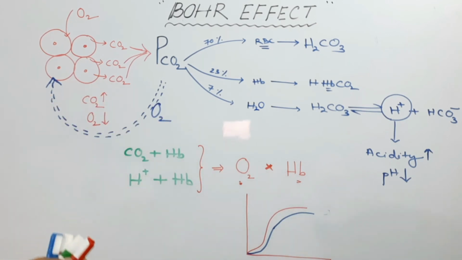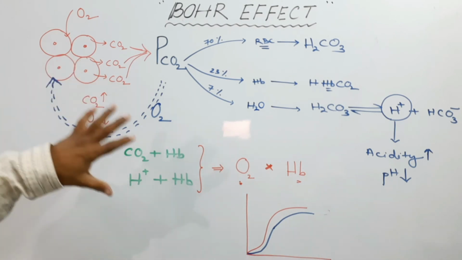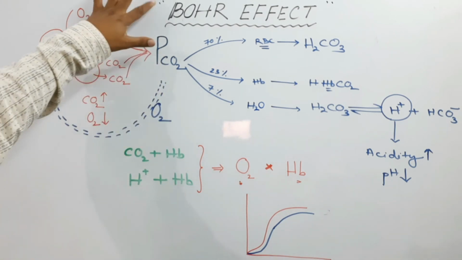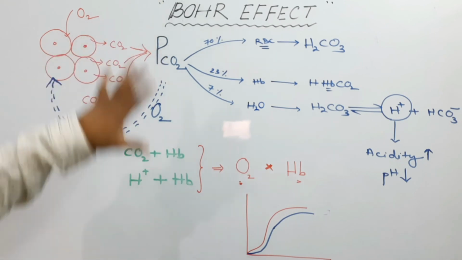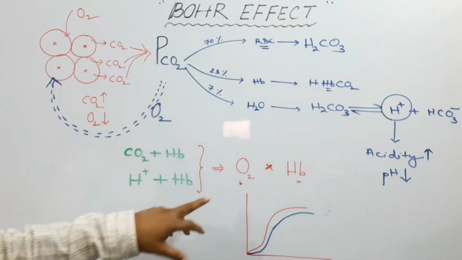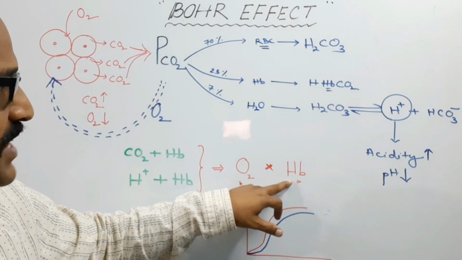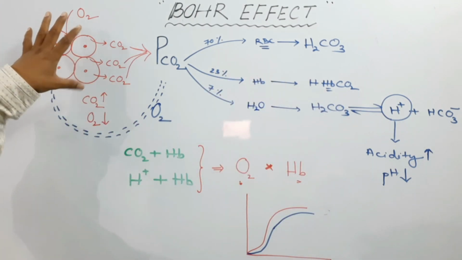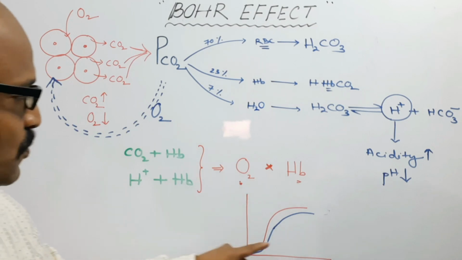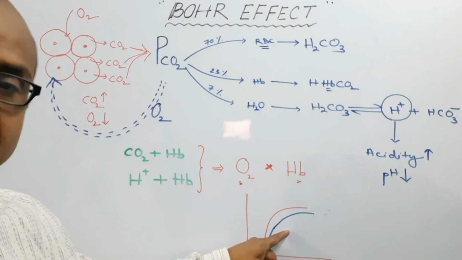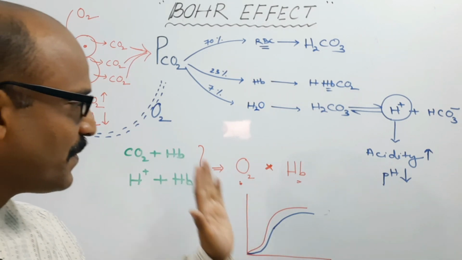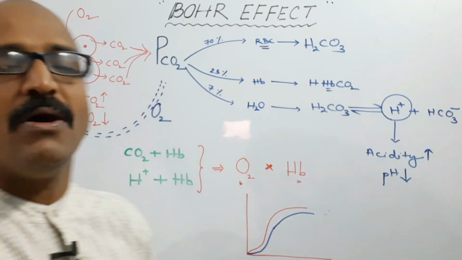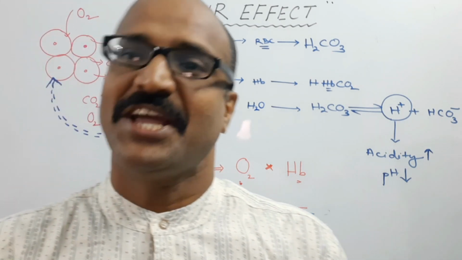So it promotes internal respiration and transport of carbon dioxide from tissue to the lungs, and this is known as the Bohr effect. The Bohr effect tells about the decrease of affinity of oxygen with hemoglobin, which takes place at the tissue level. And here the oxygen dissociation curve shifts to the right side. So this is all about the Bohr effect. Thank you for watching.